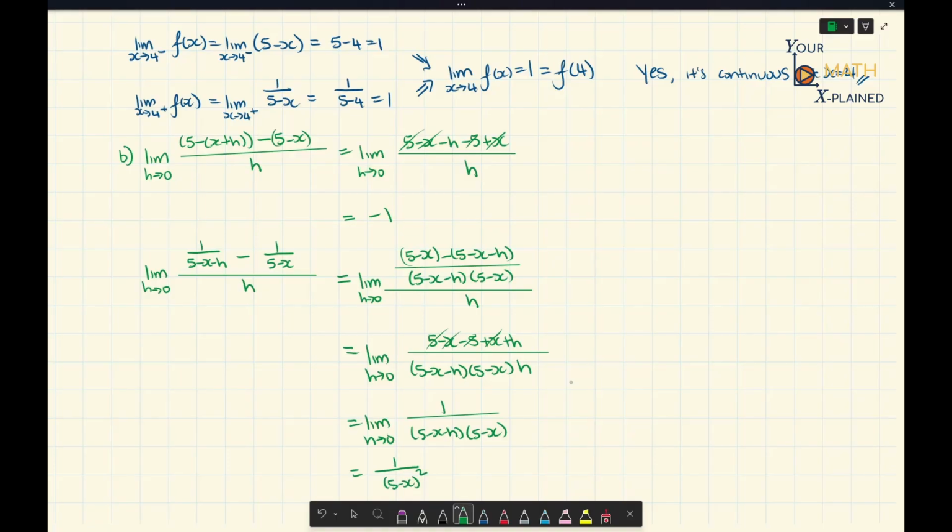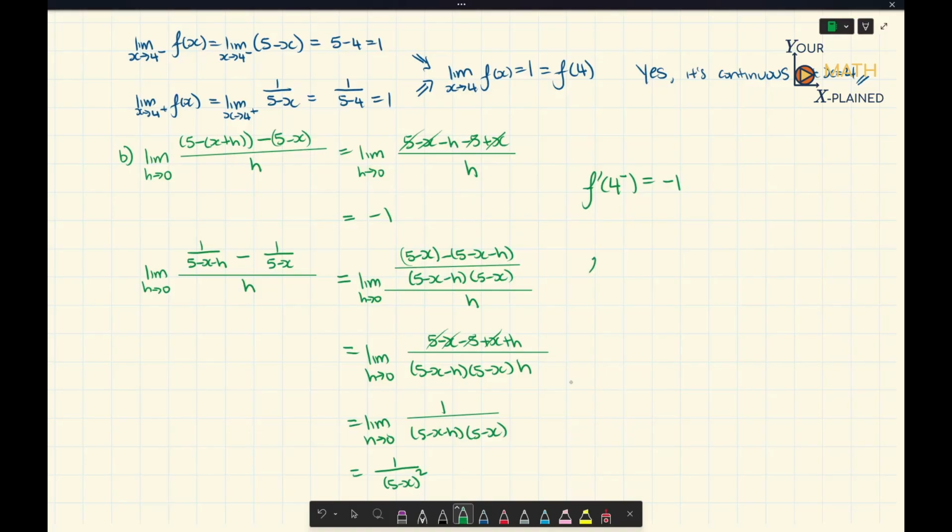And now we have our two pieces. So if we are looking for the derivative or the slope of the function as we approach 4 from the left side, it's going to be this first limit up here. So if we look at f prime of 4 from the left side, that is going to be equal to negative 1.